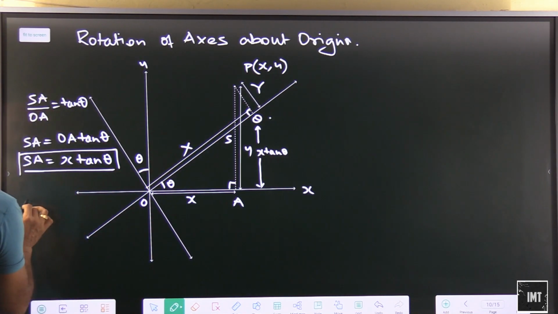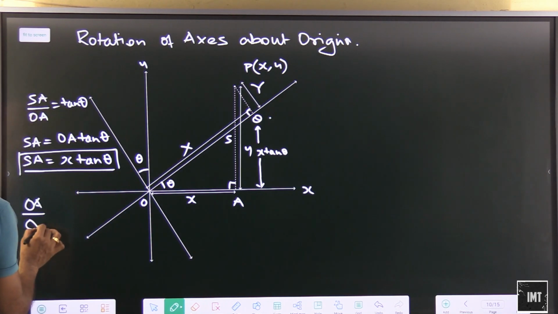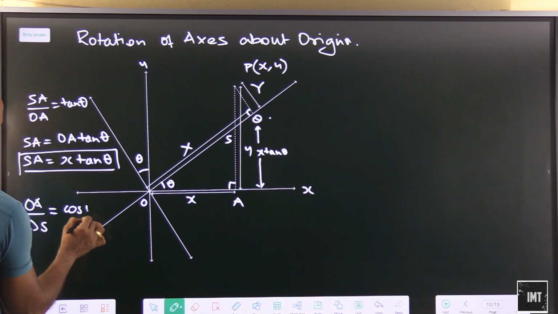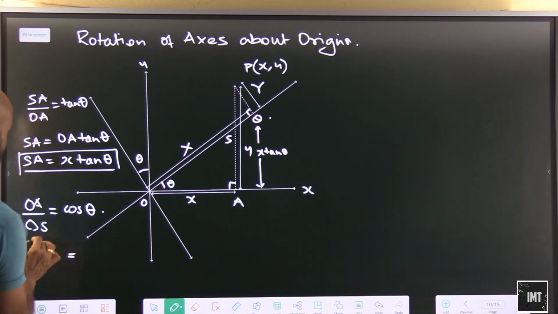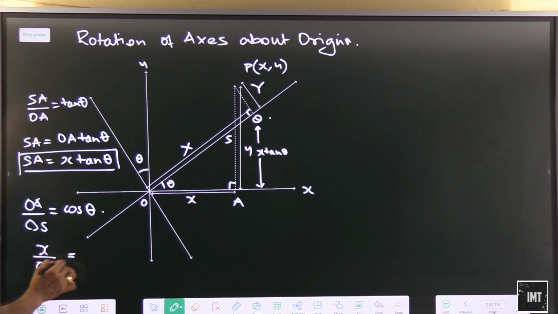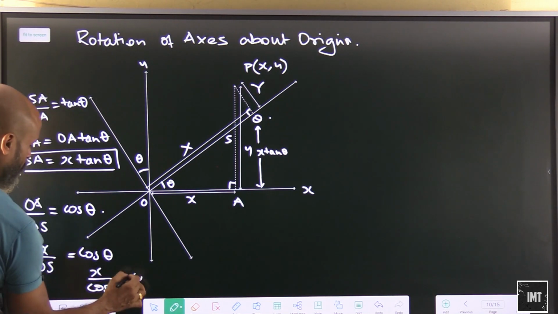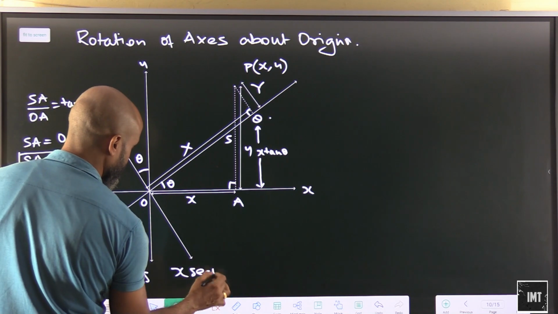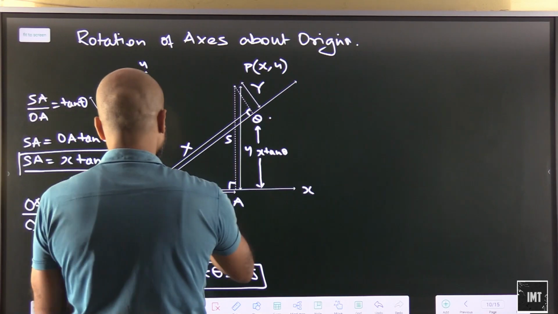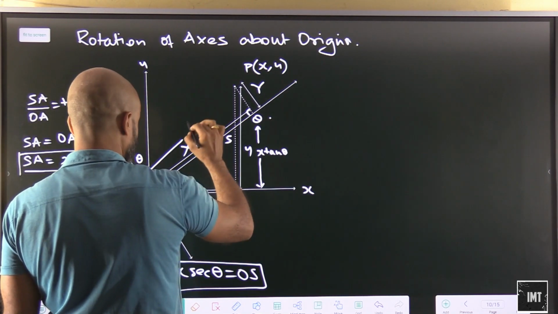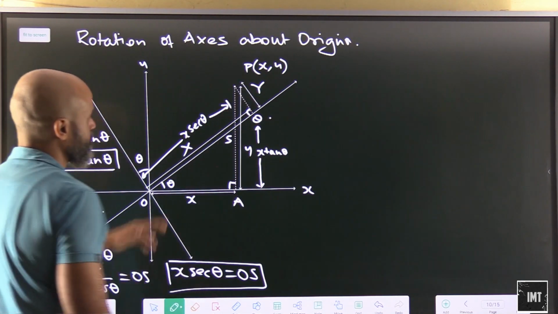We have OA by OS equal to cos theta, which means X by OS is equal to cos theta. So X by cos theta is equal to OS, so X sec theta is equal to OS. So this portion is going to be X sec theta, that is OS.